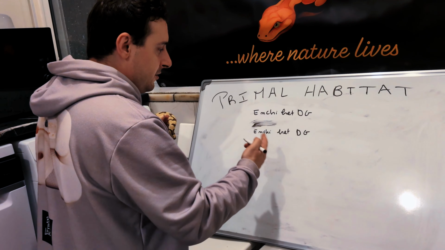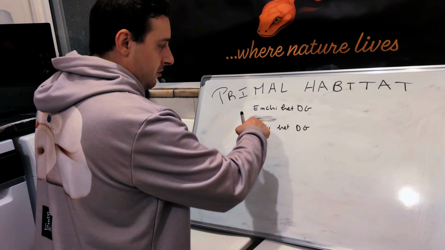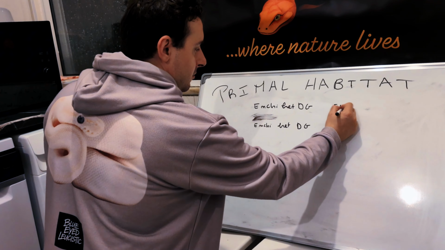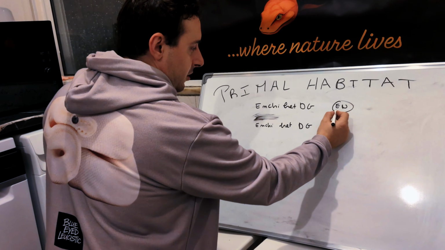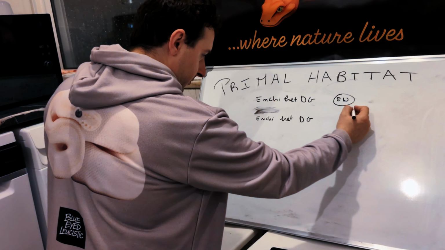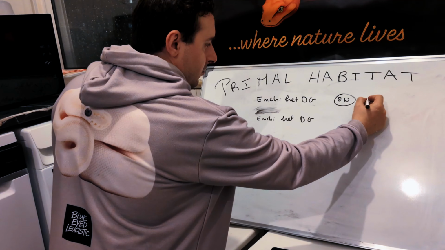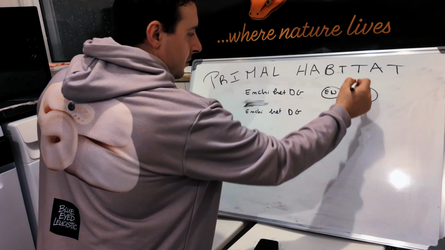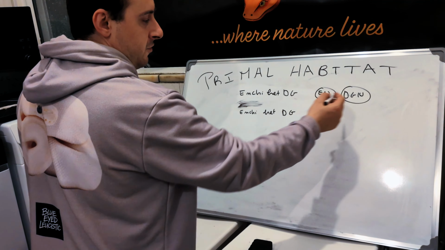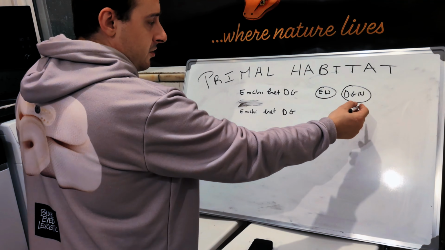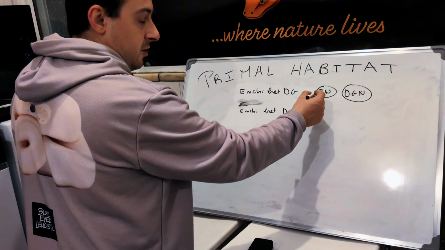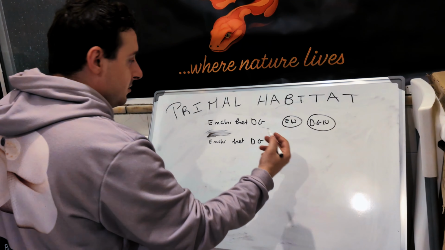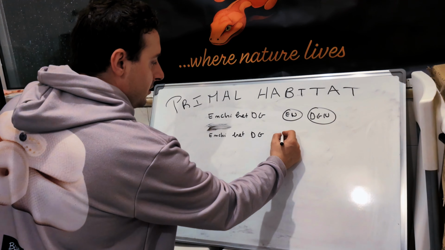So the offspring in this case would be two genes for each snake. In the first one, Enchi normal, one allele for Enchi and the other for normal. And in the other, we'll have desert ghost and normal because it's not visual. If we had two, we would have a visual desert ghost, and here if we had two Enchis, we would have a super Enchi. So for this one it is the same.